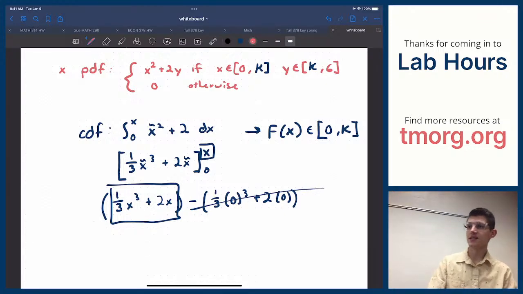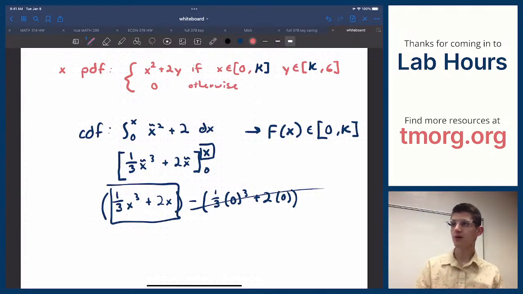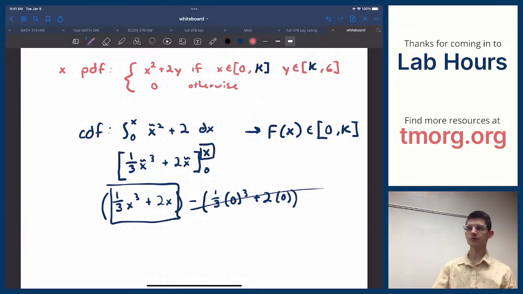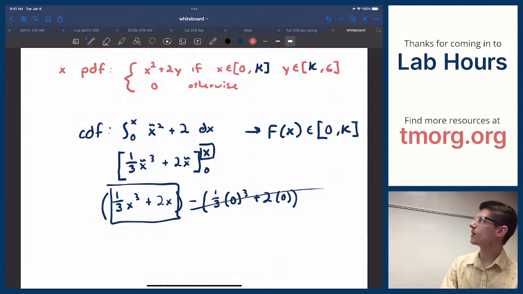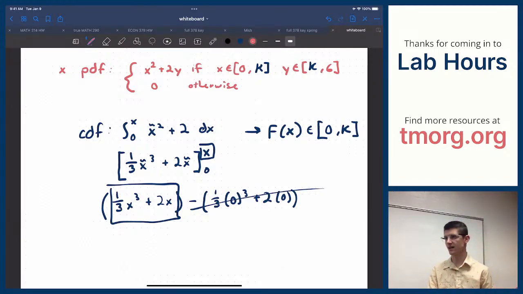Again, same process here. This one would be a little bit more obnoxious algebraically, but you're just going to do the same double integral you've been doing before, set it equal to 1, solve for what k needs to be, right? So you'd integrate y from k to 6, and then you'd integrate x from 0 to k, or vice versa. The order doesn't matter, which is nice.